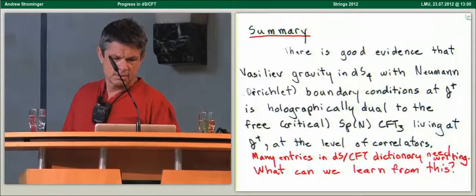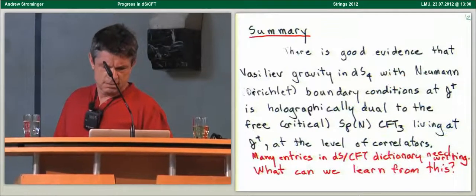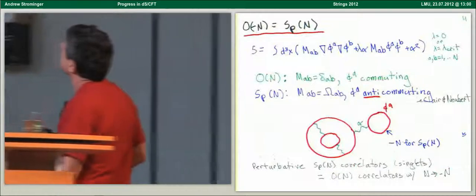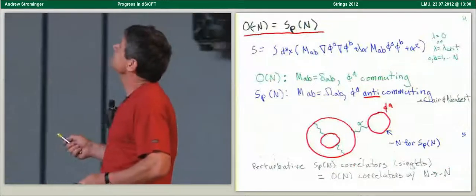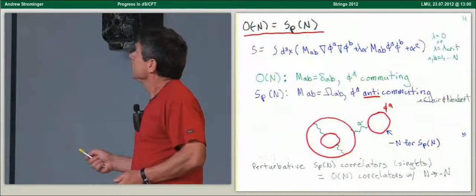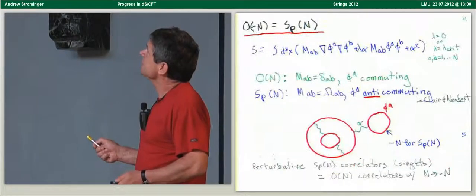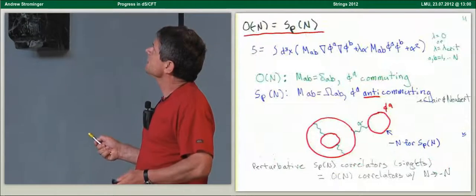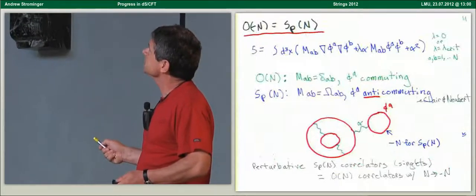Wait, sorry. Why is O(minus N) the Sp(N) model? Well, the Sp(N) model is like the O(N) model, but made with anti-commuting scalars.